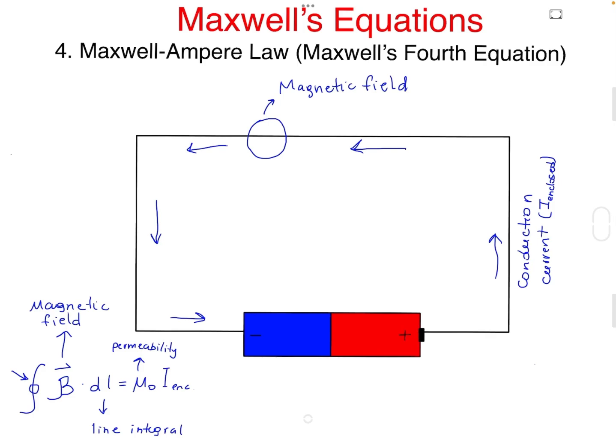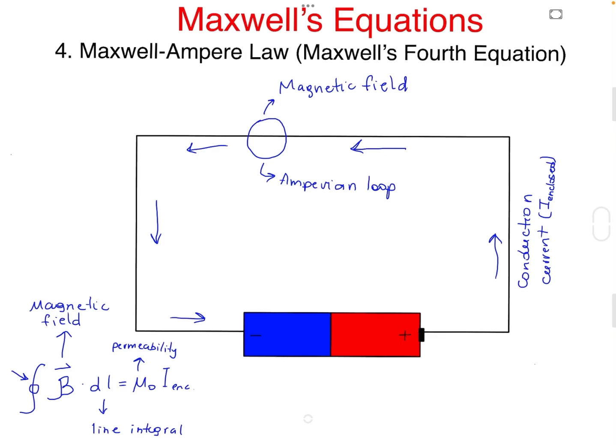If you imagine drawing closed paths, which we call an Amperian loop, encircling a current-carrying wire, the sum of the magnetic field components along the path is directly proportional to the current flowing through the wire.